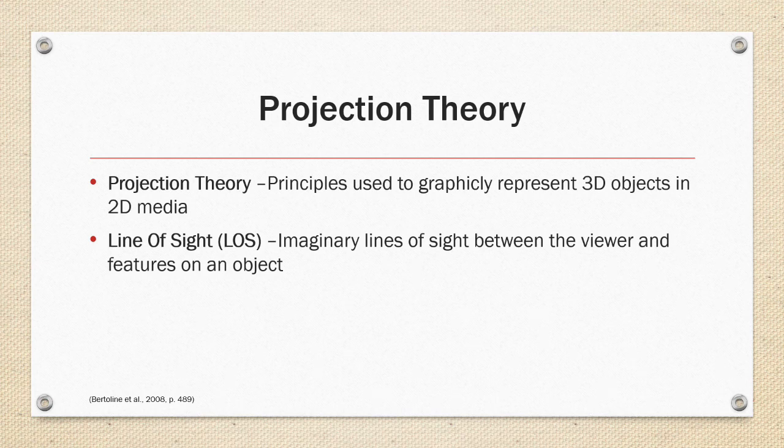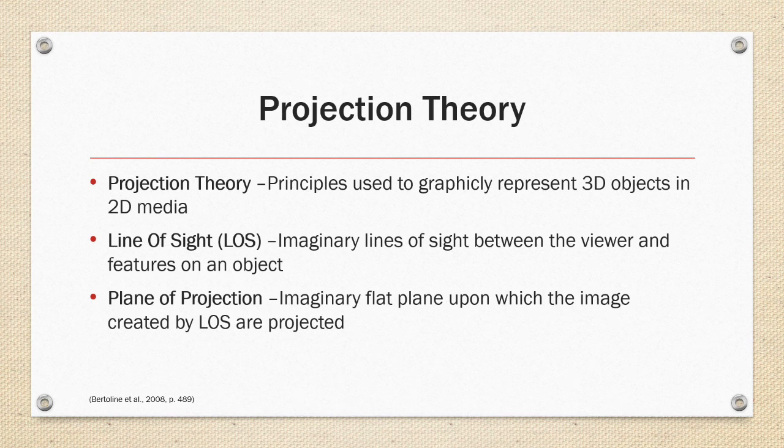The first is the concept of line of sight, abbreviated as LOS. Line of sight is a concept of imaginary lines radiating between the viewer and an object. The second is the plane of projection, which is an imaginary flat plane upon which the LOS intersects to plot an image of the object.